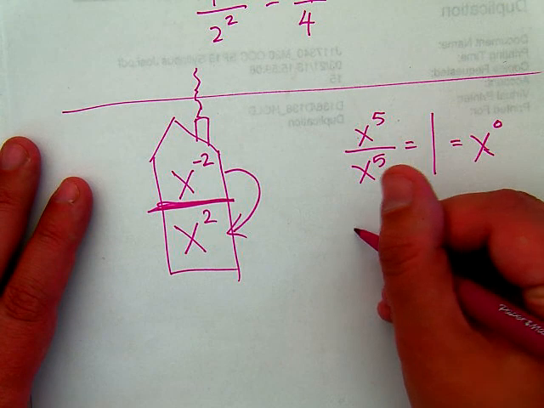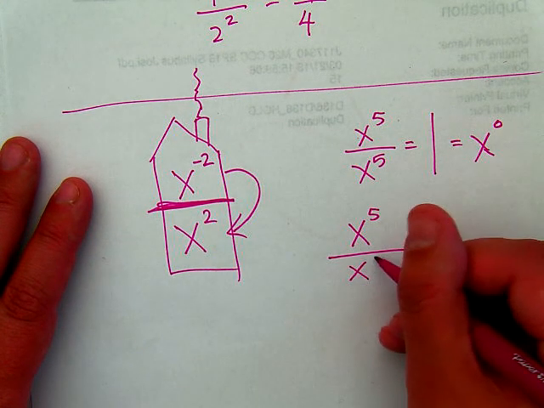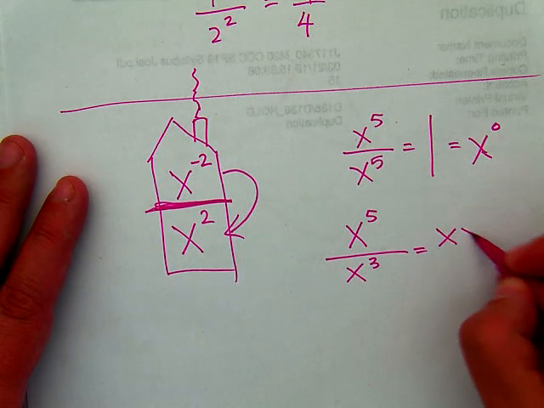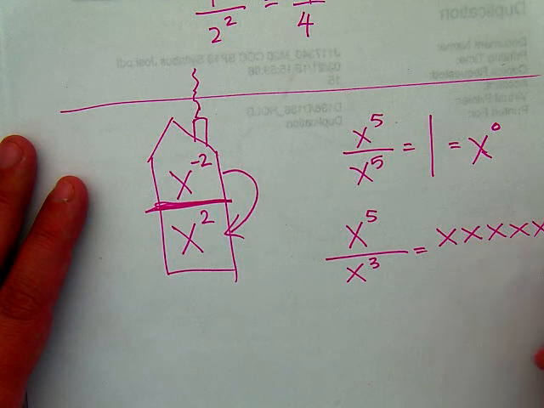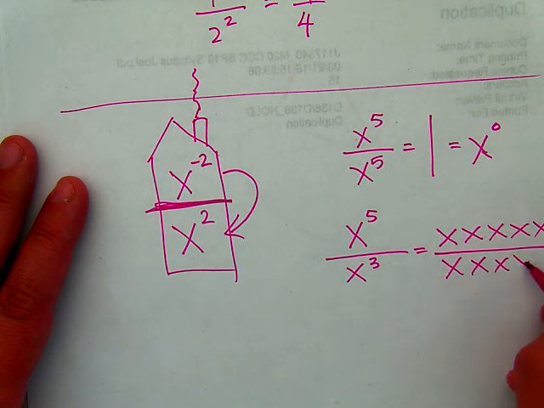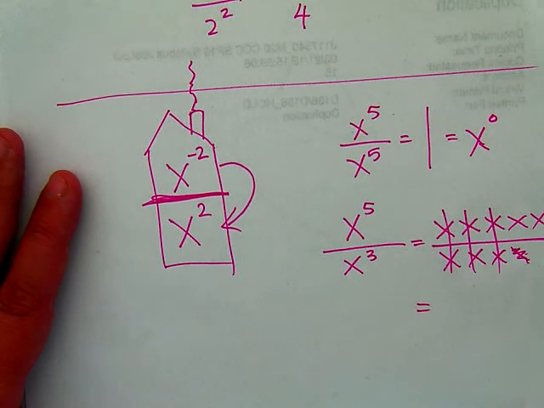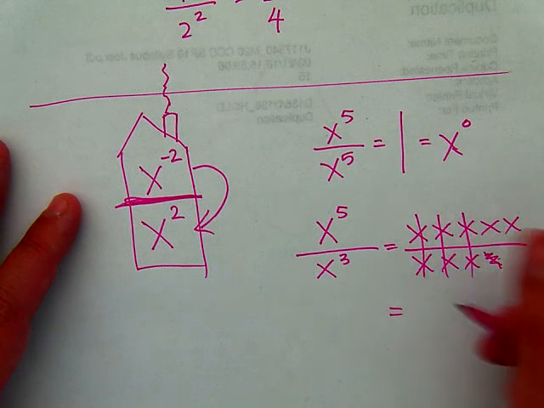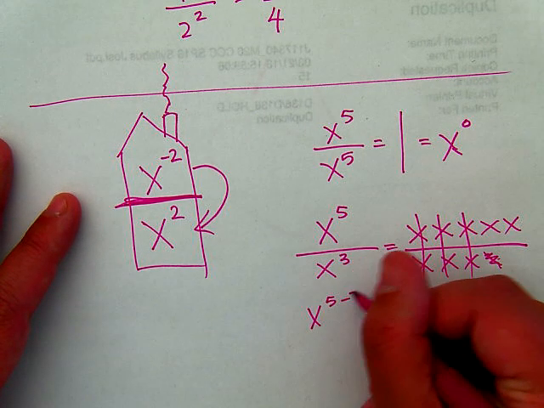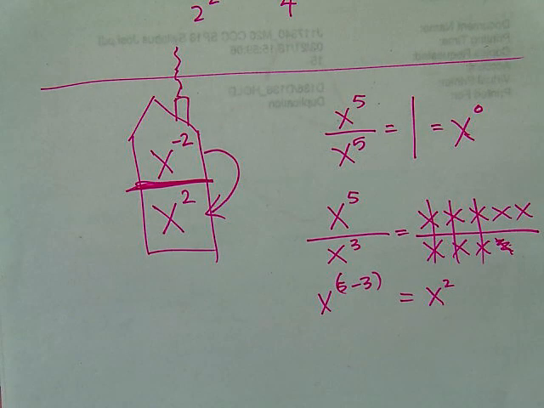If I have more on top, x to the 5th divided by x to the 3rd, it means any number to the 5th power. 1, 2, 3, 4, 5. Cancel 1, 2, 3. Right? What's left? X squared. So that was the same thing as x to the 5 minus 3. We subtracted the exponents. That's how we got the squared, right?